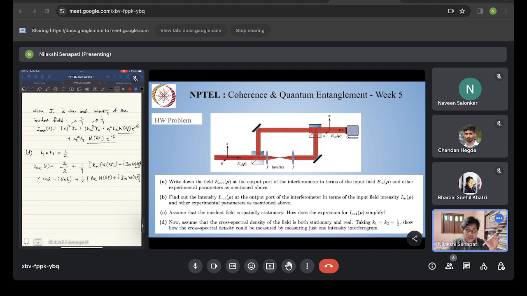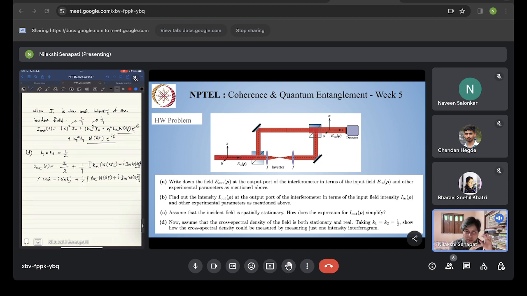And the e to the power I delta, the phase added due to the path difference, these two parts are the cause of the interference that we observe. This is not a real quantity. It is a complex quantity, it will have some real part, some imaginary part.